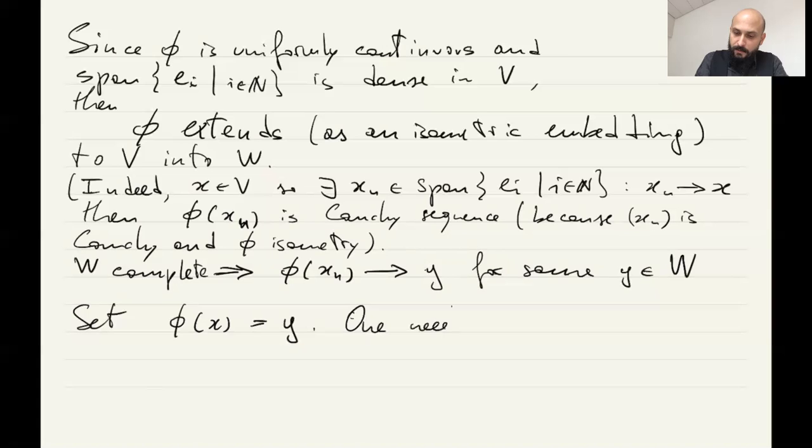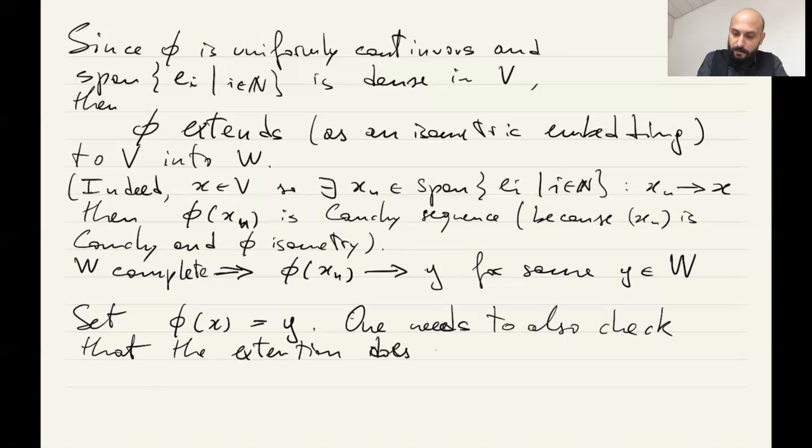One needs to also check that the extension does not depend on the choice of x_n.